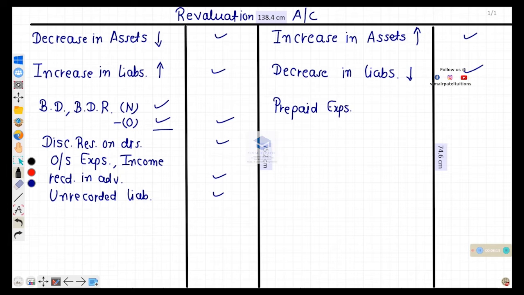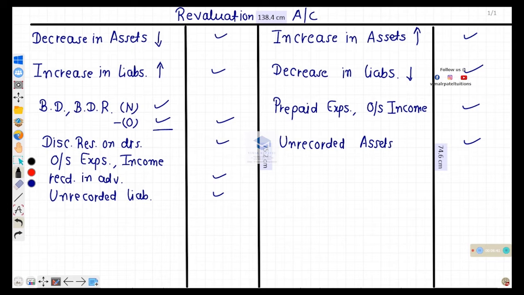Prepaid expense, outstanding income, accrued income, or you can say income due but not received, and any unrecorded asset will be credited.